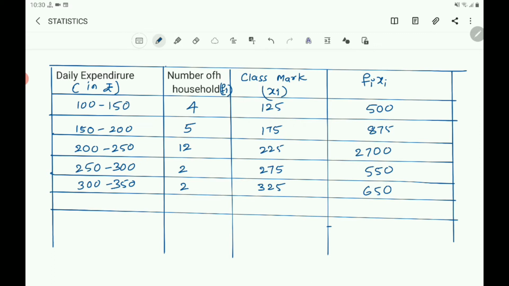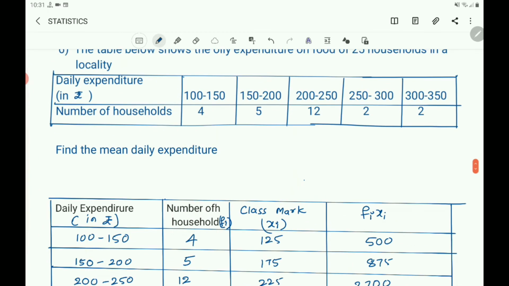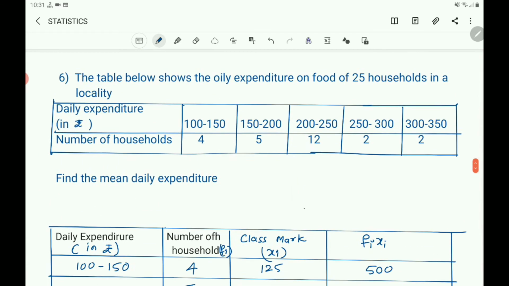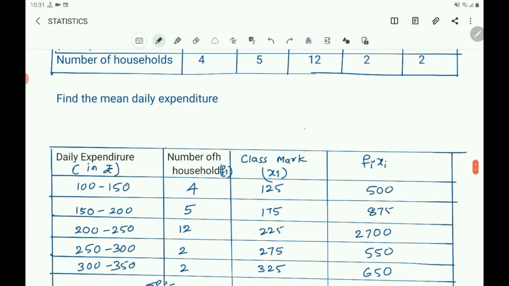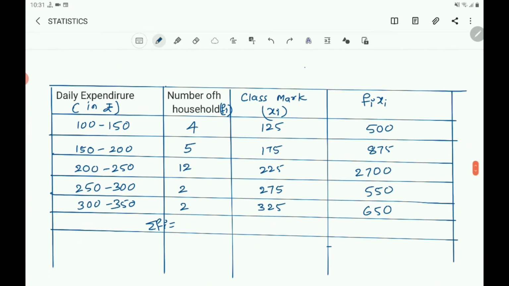Now here this is Fi. Find the summation of Fi. Here it is also given that totally the expenditure of 25 households in the locality is taken. Therefore, sigma Fi must be equal to 25.